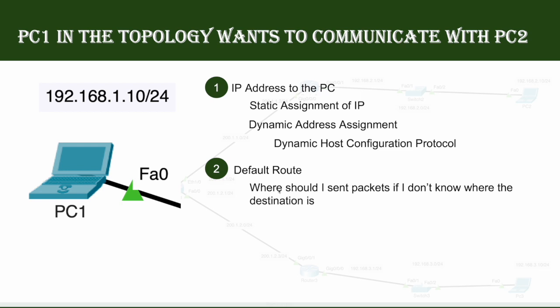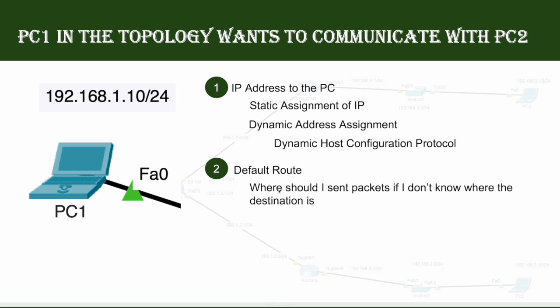A PC for us is for browsing and other small computing applications. All we tell the PC is that if you want to send a packet and you don't know where to send it, I will tell you an IP address where you will just forward the packet, and the rest will be taken care of by that particular device. That IP address, where we say that everything has to go to a specific IP address, is called a default route.